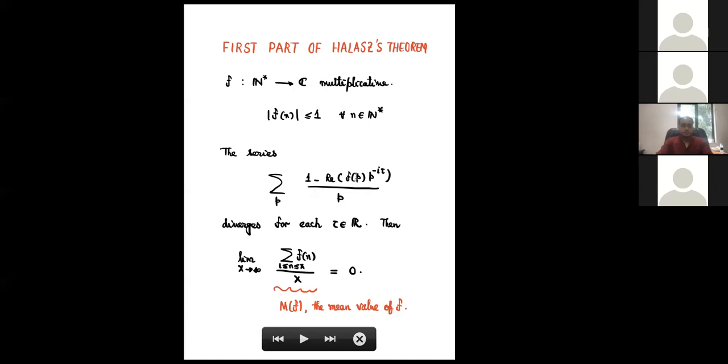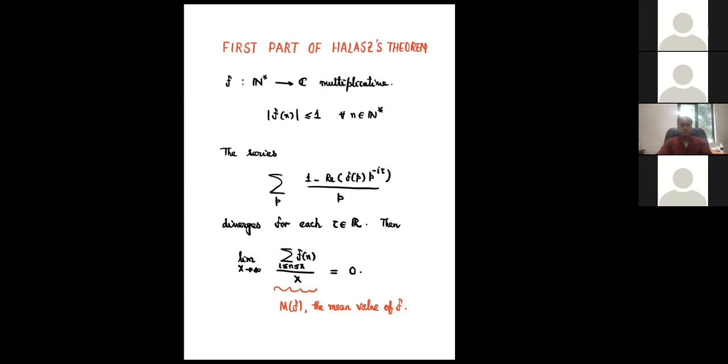And the point is that if f doesn't behave like the function n goes to n to the i tau for any tau, then indeed it has a mean value, and that mean value is 0. So this is the striking part of Halász's theorem. It tells you that except for these functions n to the power i tau for various real numbers tau, all other multiplicative functions that take values in the unit disk actually have mean 0.